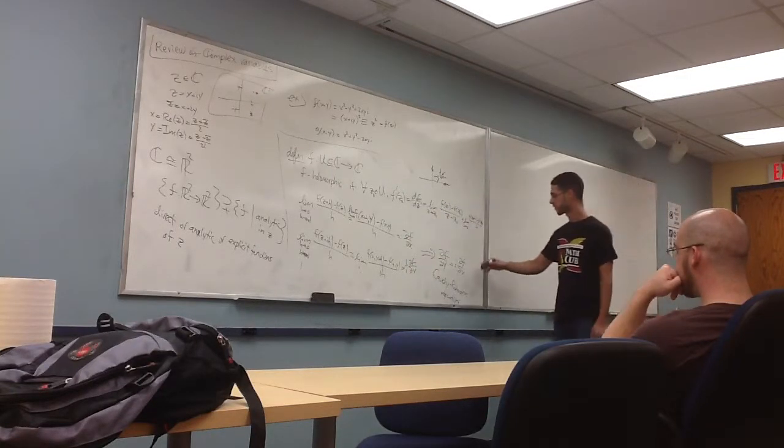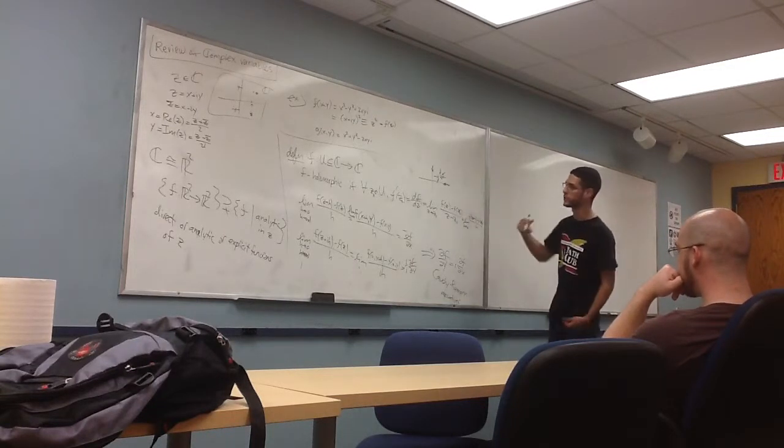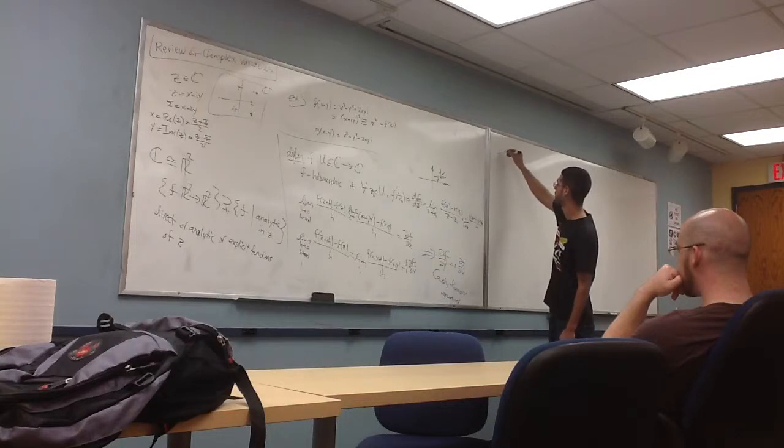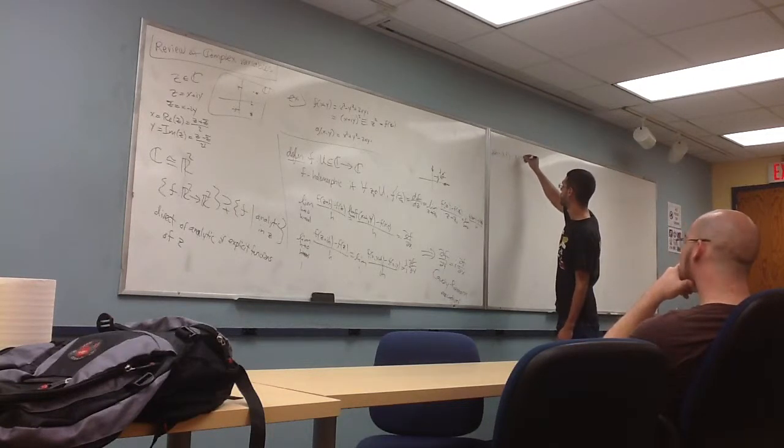So, for example, we're now going to identify f from C to C with its image, so that we can express f of z, really just f of x comma y, as u of x comma y plus i times v of x comma y.